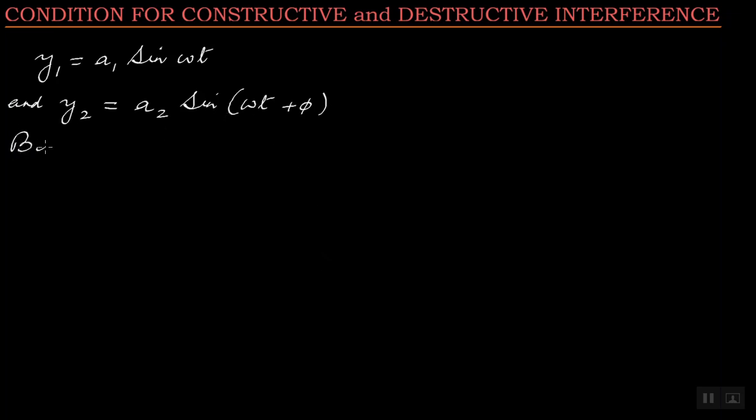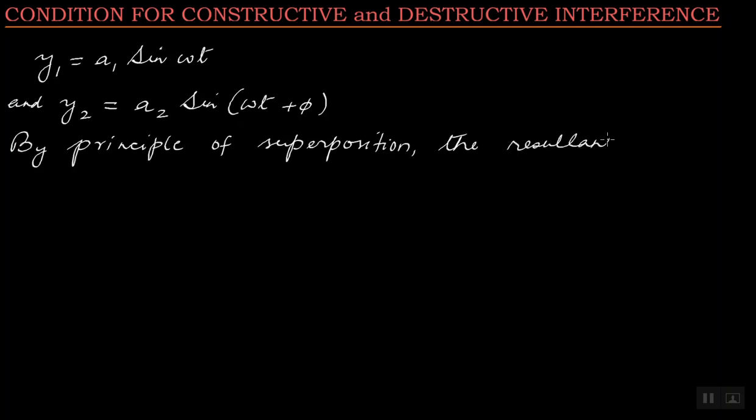By the principle of superposition, the resultant wave is y, which is equal to the sum of these two waves, y1 plus y2.